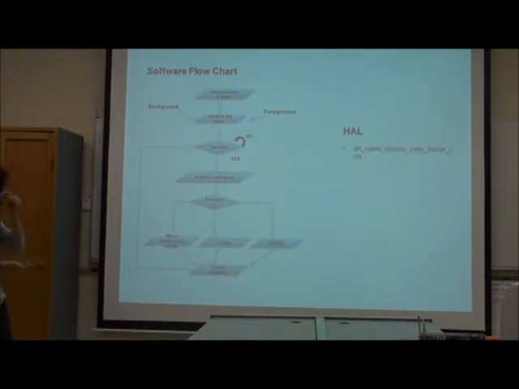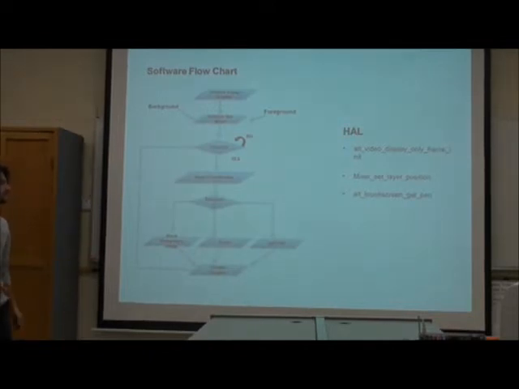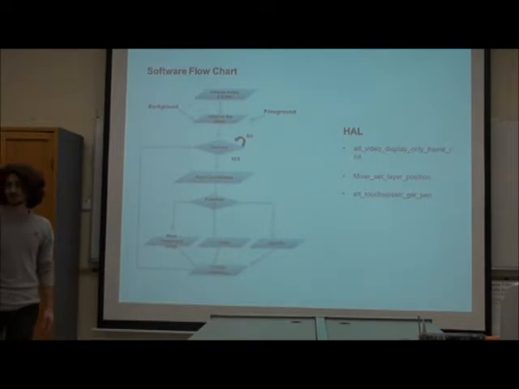Some of the hardware abstraction languages we used were the buffer, that's just for the display of the buffer. That's for the mixer set layer position, since we have the two layers of foreground and background, that's how we initialize it. And then the get pin basically reads the coordinates of the touch.